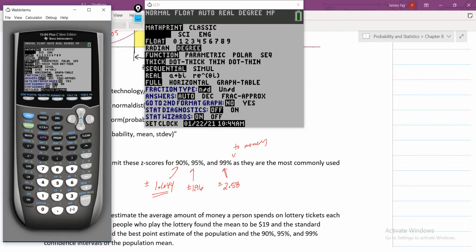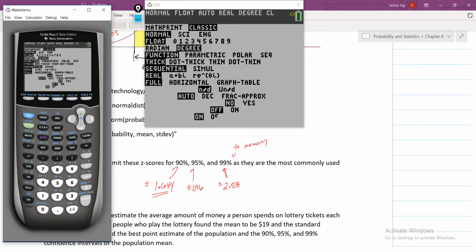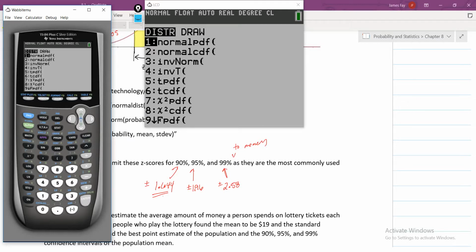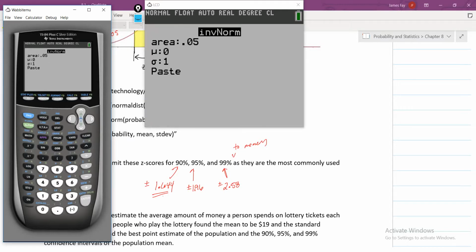Let me go to classic mode here and see if that command does anything different. So again, second distribution, come down to 3. Yeah, it does the same thing. Okay, so I don't have the different ROM on here to show that, but if you're going to use this calculator, it's not much different.